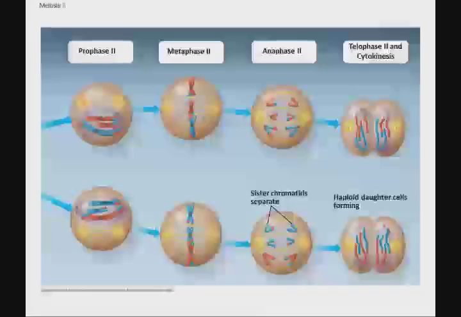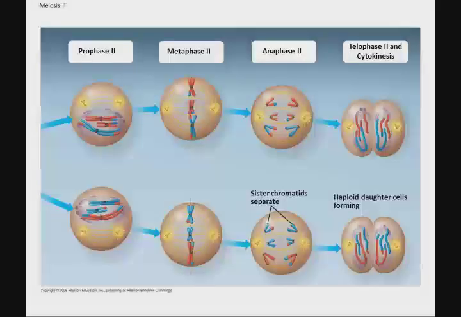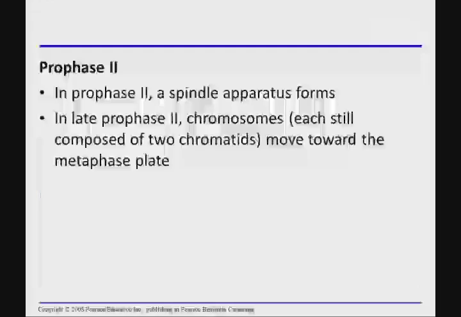So you're going to see each individual chromosome line up on the metaphase 2 plate, right? And then the chromatids will separate. Chromatids will head to either end of the cell. The cell will divide. In telophase 2, cytokinesis occurs, and now you have 4 daughter cells that are basically gametes with half the chromosome number. But not just half the chromosome number, they're a mixture of the homologous pairs of the original parent cell.